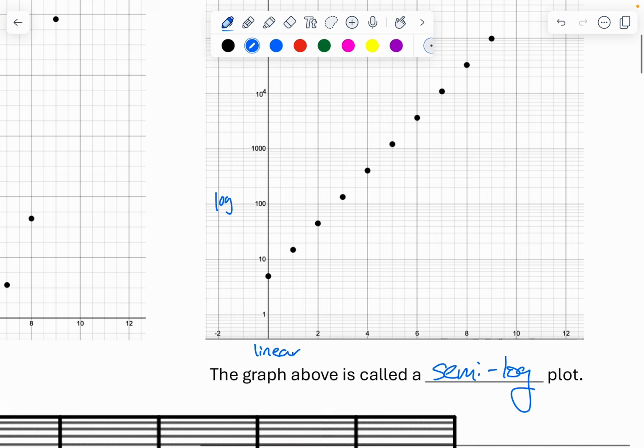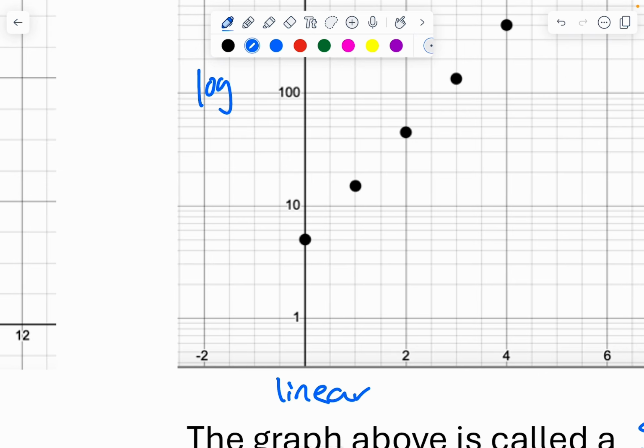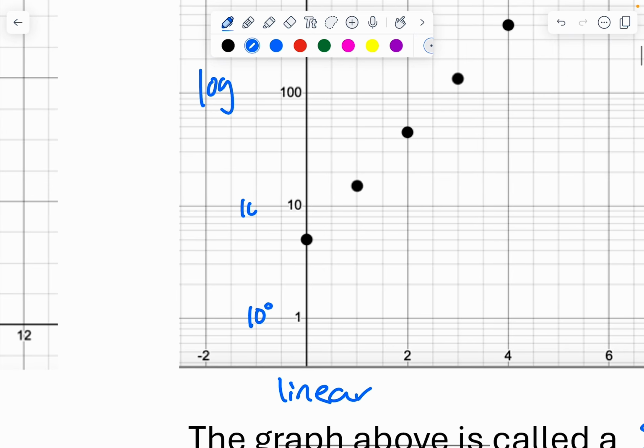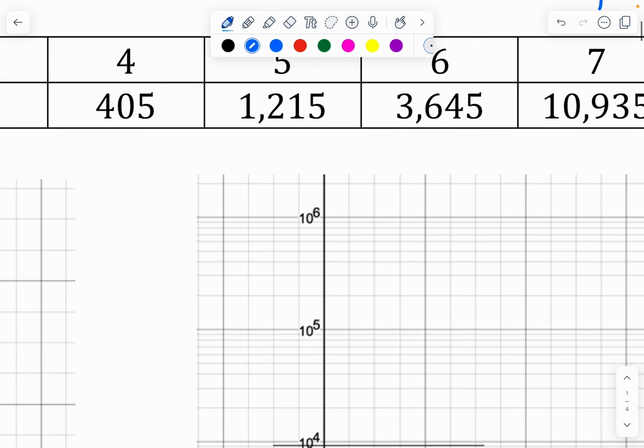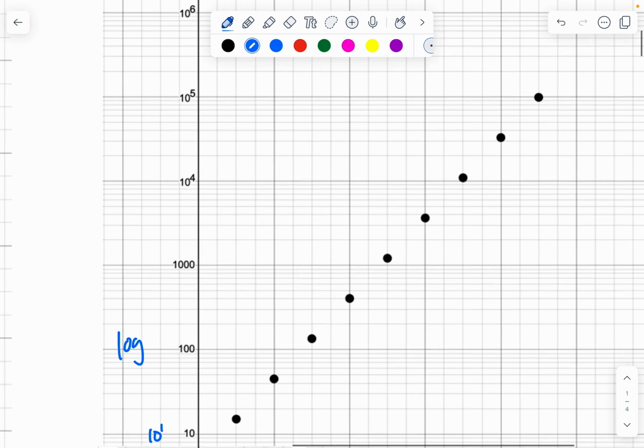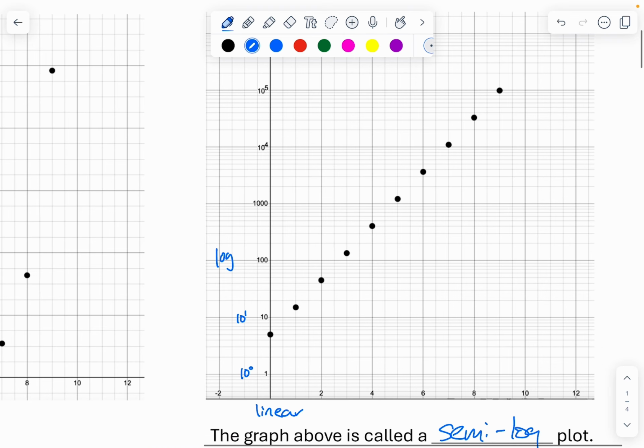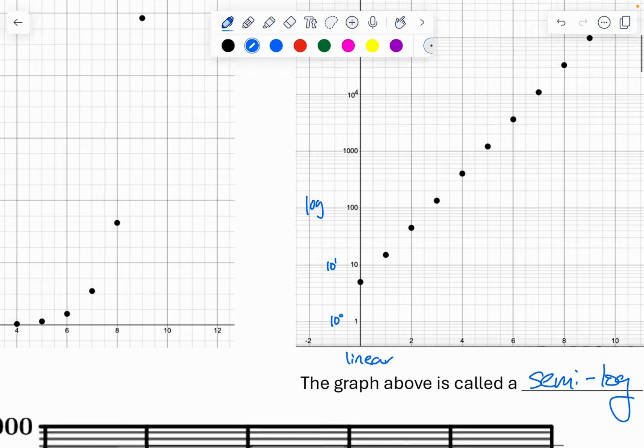You'll notice here this is 10 to the 0 power, this is 10 to the first power, the second power, the third power, the fourth power, the fifth power, the sixth power. That enables us to get all of our data represented in a way where we can see what's happening, and it turns the exponential data into something that looks linear. It's still the same data.